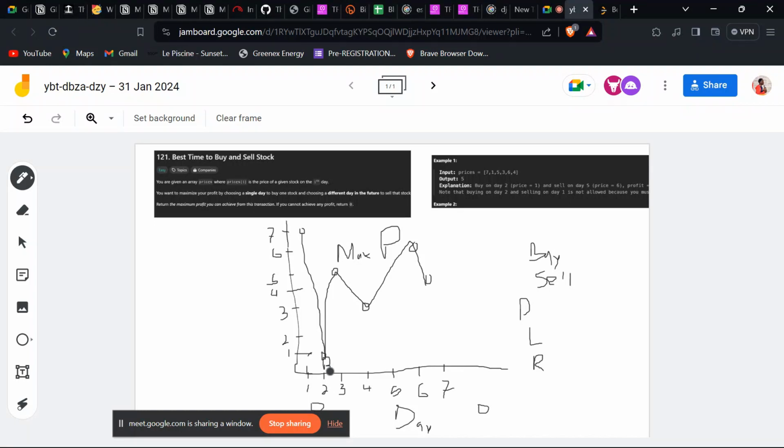So assume we begin from this particular place, with the left pointer and then the right pointer. On this day, unfortunately, we want to make a maximum profit, so we cannot buy on the day when it's 7 and then sell at 1. That will be a loss. So that means we cancel that and then we adjust our window.